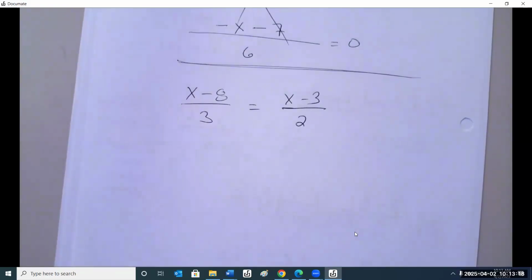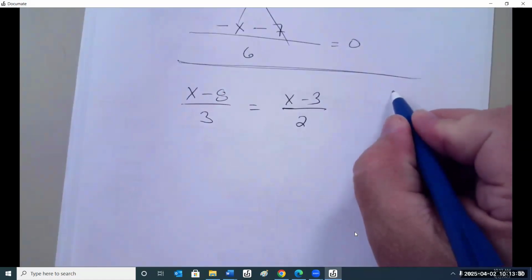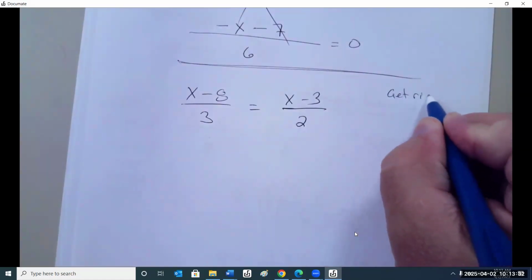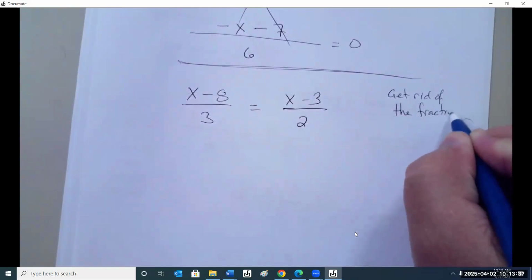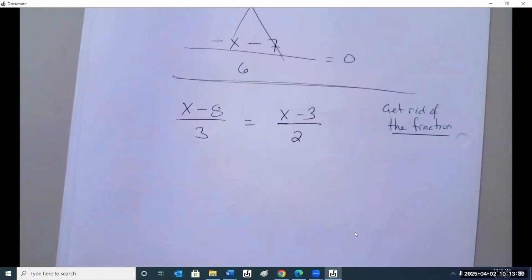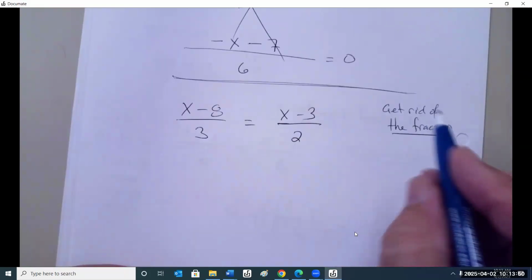Here's the rule of thumb you should work with whenever you deal with fractions and an equal sign: get rid of the fraction.